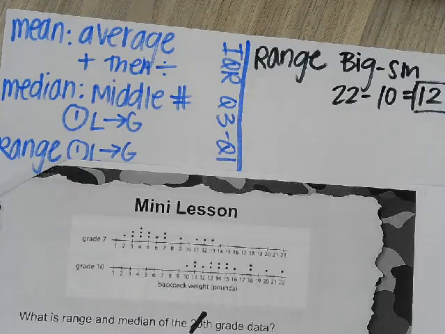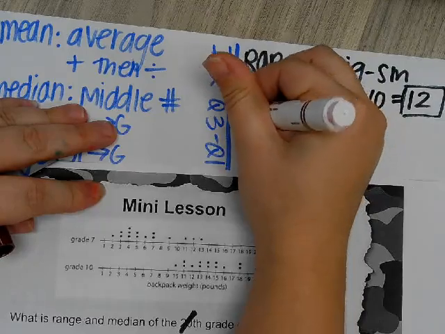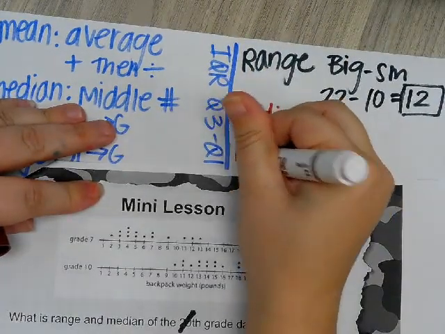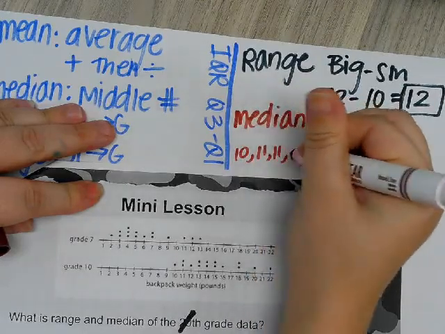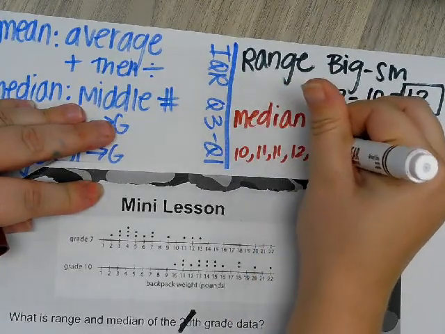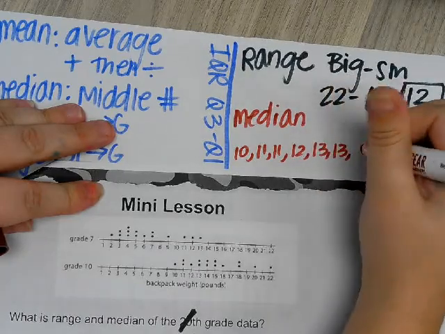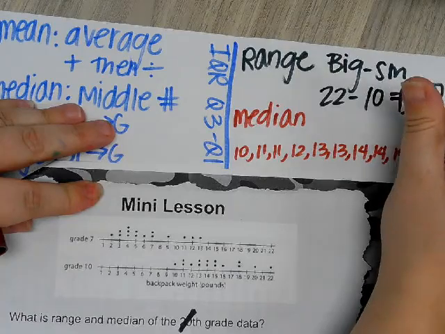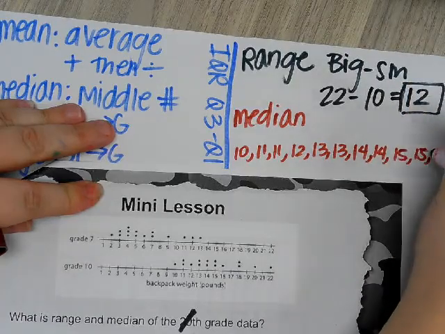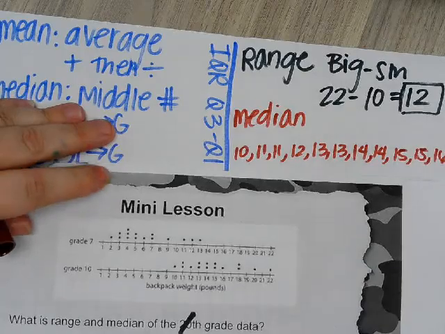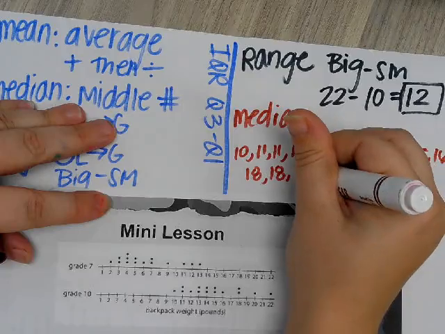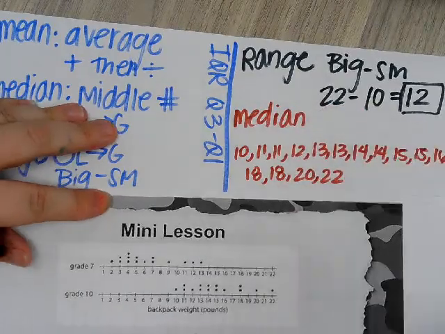But now they want the median. So I'm going to go ahead and put my numbers in order from least to greatest. We have 10, 11, 11, 12, 13, 13, 14, 14, 15, 15, 16, 18, 18, 20, and 22.